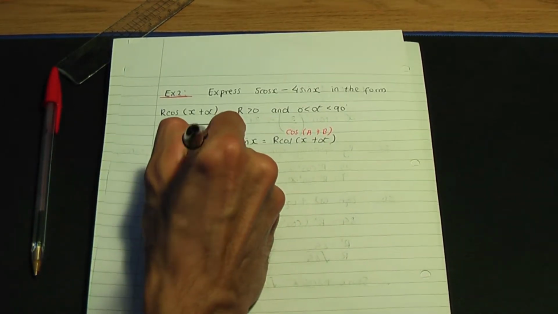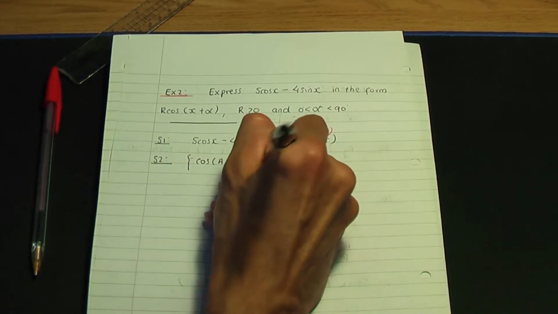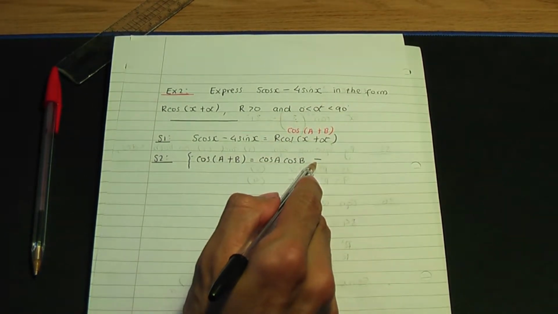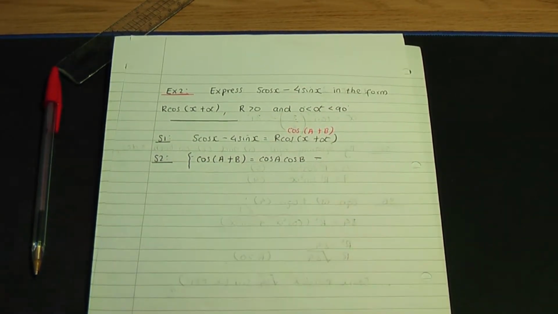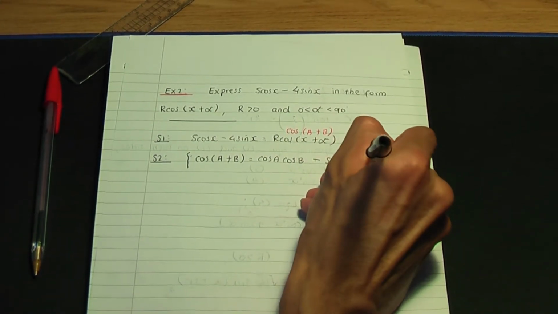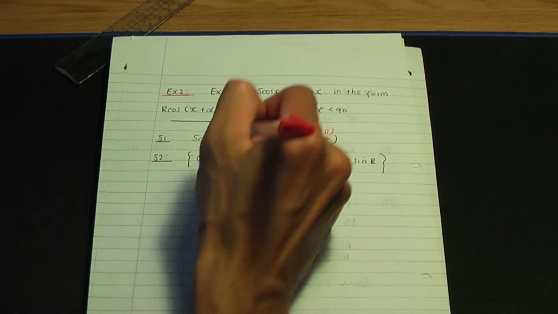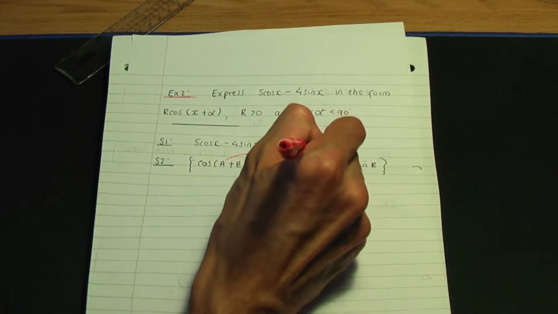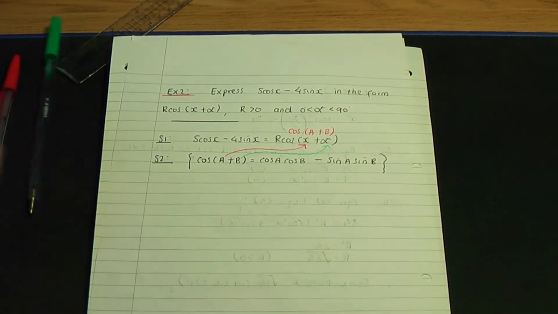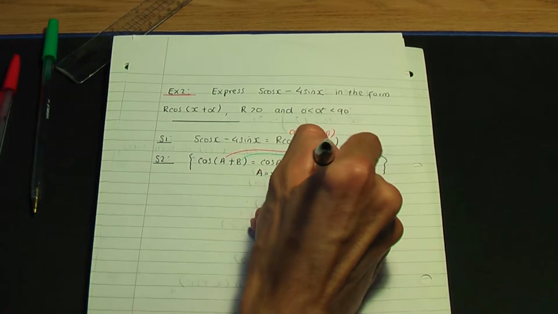So remember, let me make a note to remind you, cos A plus B has the form cos A cos B minus, so be careful, plus on the left corresponds to a minus on the right, sin A sin B. Now if we make a comparison, A is x, and taking a green pen, B is alpha. So let me make a note, A is x, B is alpha.